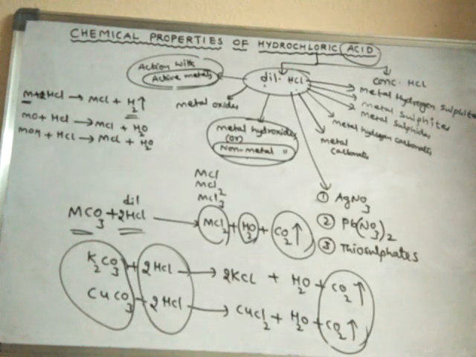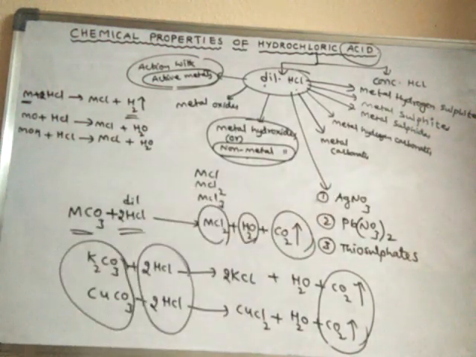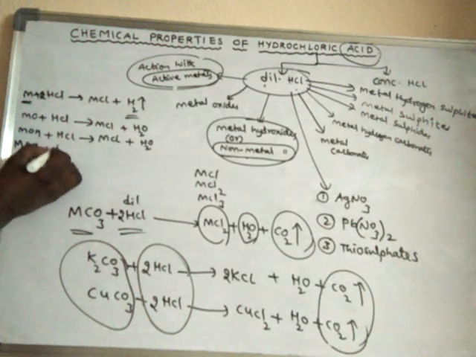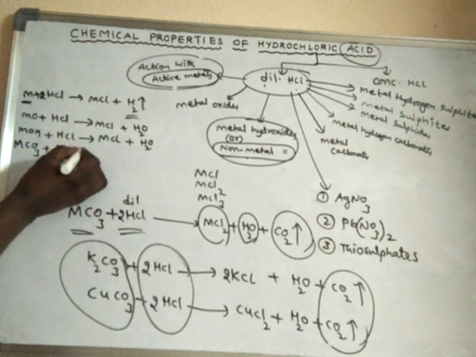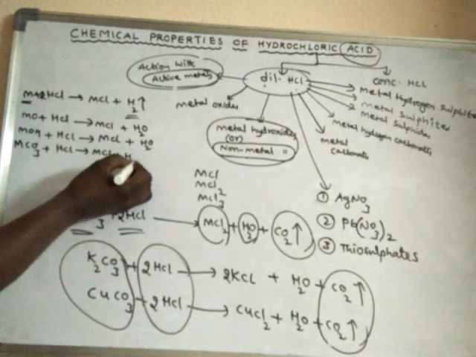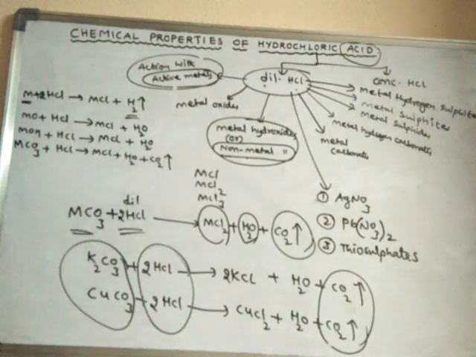So when metal carbonates react with dilute hydrochloric acid, they form metal chlorides plus water, and carbon dioxide gas is released in this process.